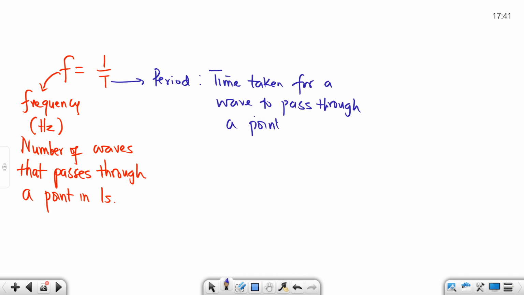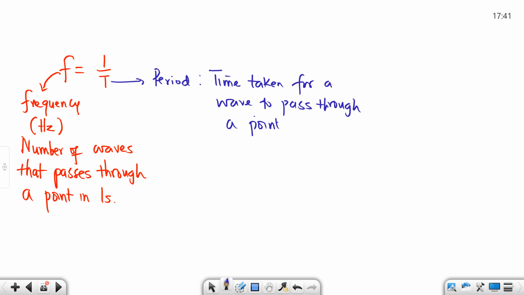Frequency is the number, right? Period is the time. Frequency, the number of waves that pass through a point. So if I tell you that 3 waves pass through one particular point in 1 second, my frequency is 3.